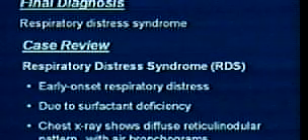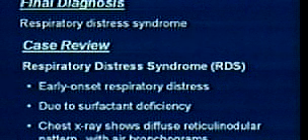Looking at our case reviews, what we want to be thinking about here is buzzwords or things that will help us in summary. And we've said that respiratory distress syndrome gives us early onset of respiratory distress. It's due to surfactant deficiency. The chest x-ray shows a diffuse reticulonodular pattern, often referred to as ground glass pattern, and it shows air bronchograms.